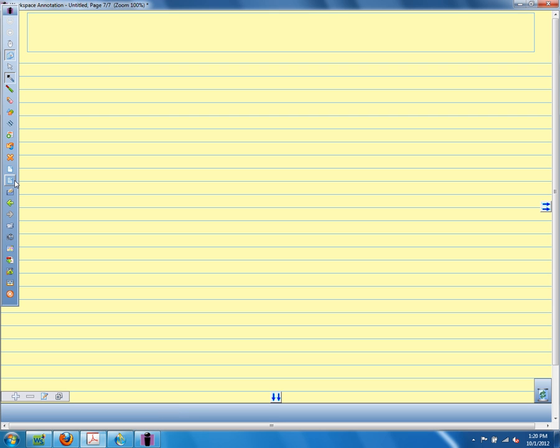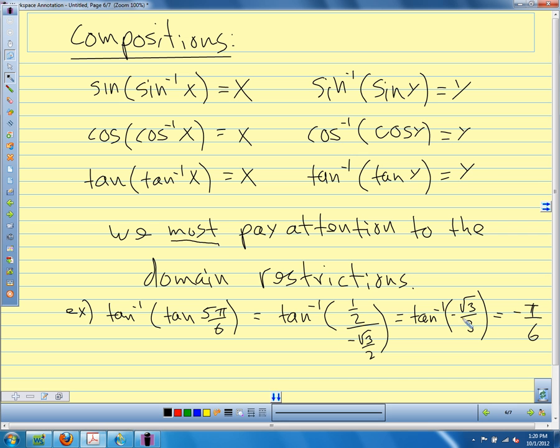All right, let me look at one more example and then we're done. We have to find an angle inside my domain restriction that has a tangent of negative square root of 3 over 3.